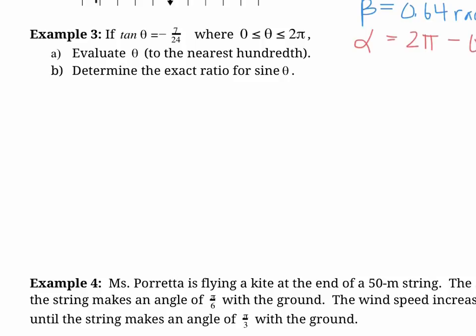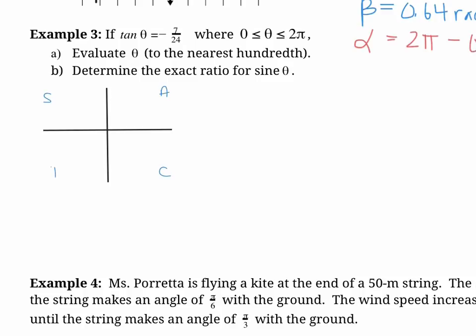So let's first start off with a quick picture. The only thing we know about theta is its tan ratio, and we know its tan ratio is negative. Therefore, what quadrants must it lie in? Using the CAST rule, we'll just write it out here.